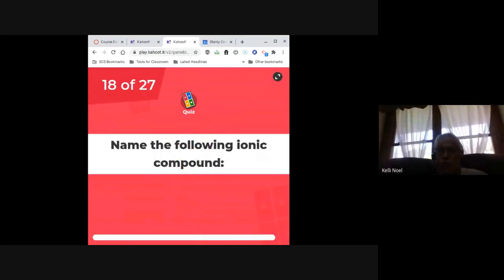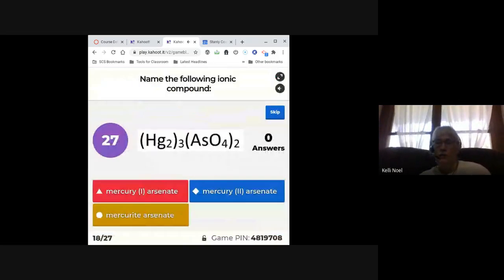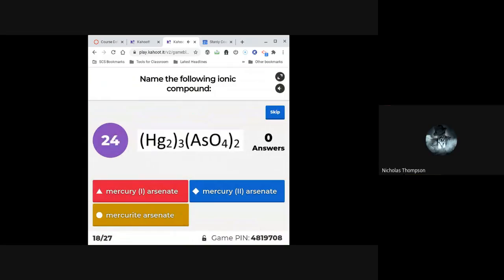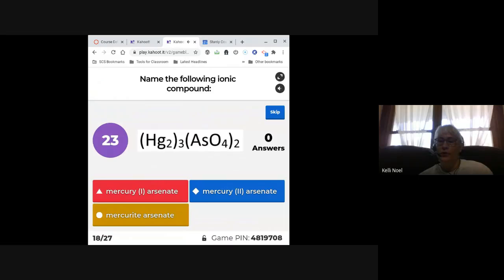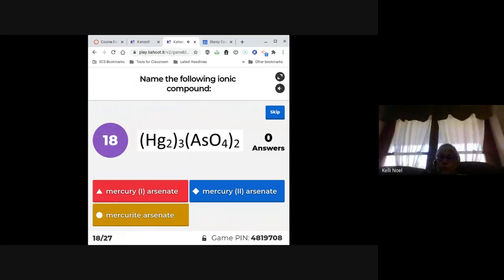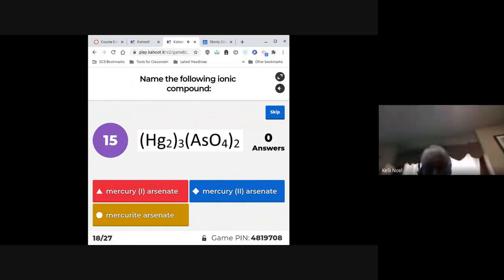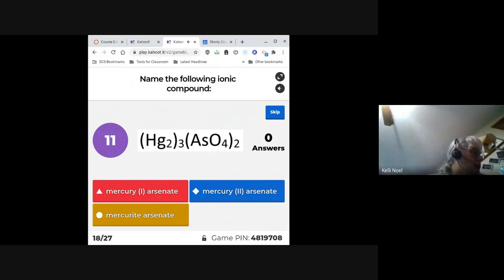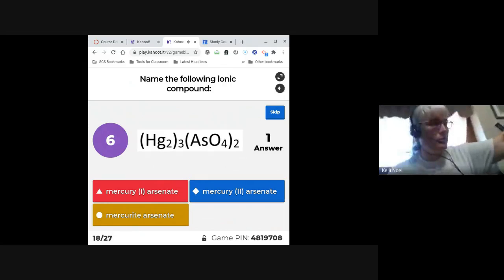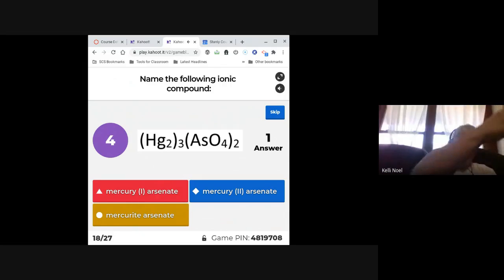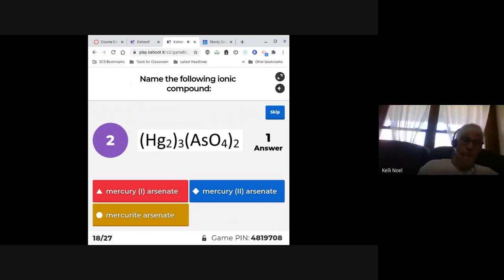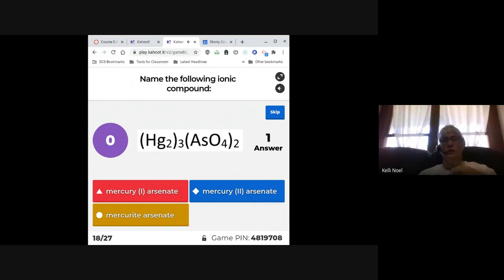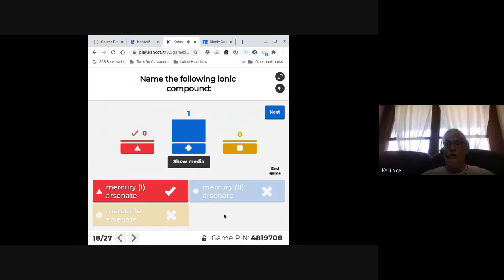All right, name the following. Oh goodness, that's a big one. Well, the second part is arsenate. So you just have to figure out what the Hg is. Mercury(II) arsenate.